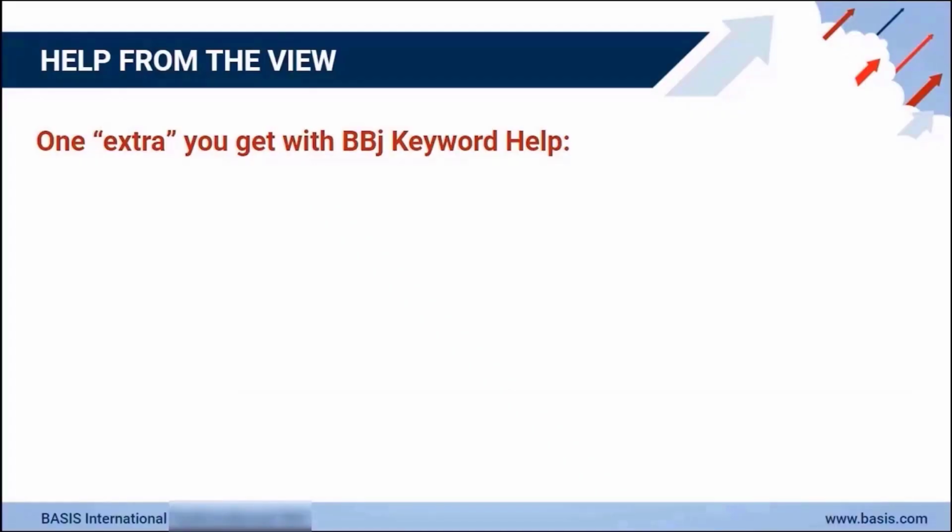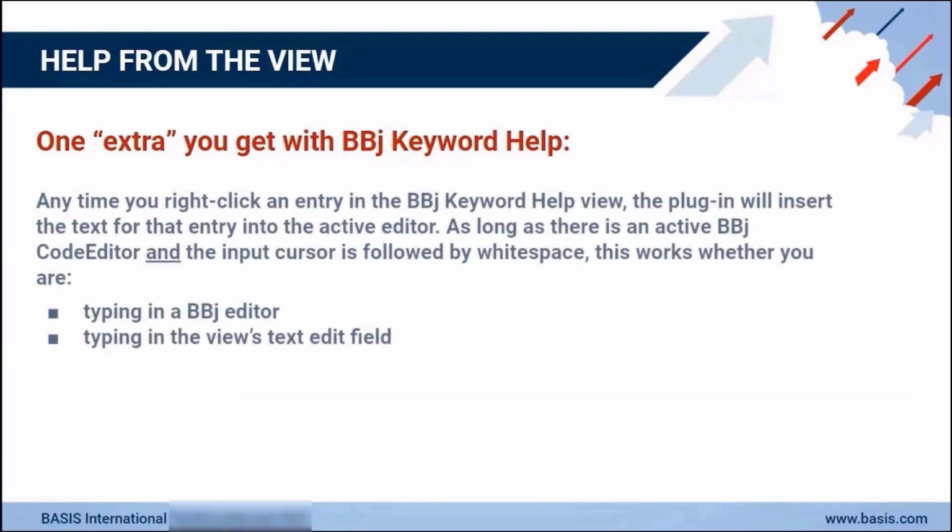There is one extra that you get when working from the BBJ keyword help view, and that is at any time that you have a list of entries being shown in the BBJ keyword help view, no matter where that list came from, if you right-click one of the entries in that list, it will insert the text for that entry into the active editor.